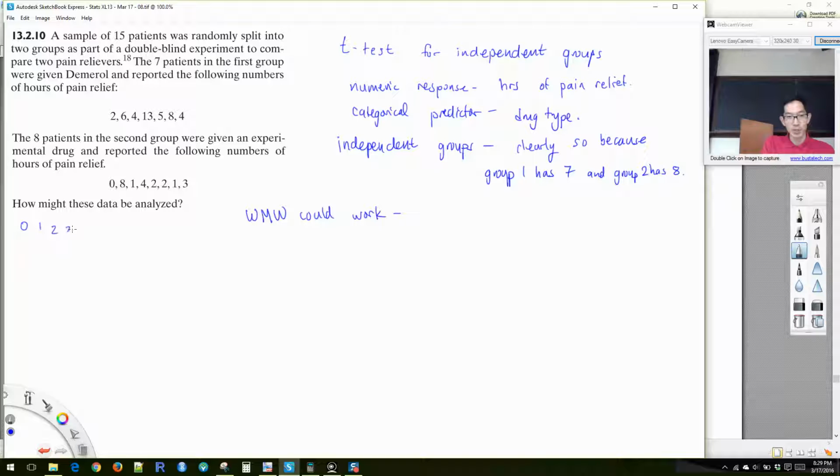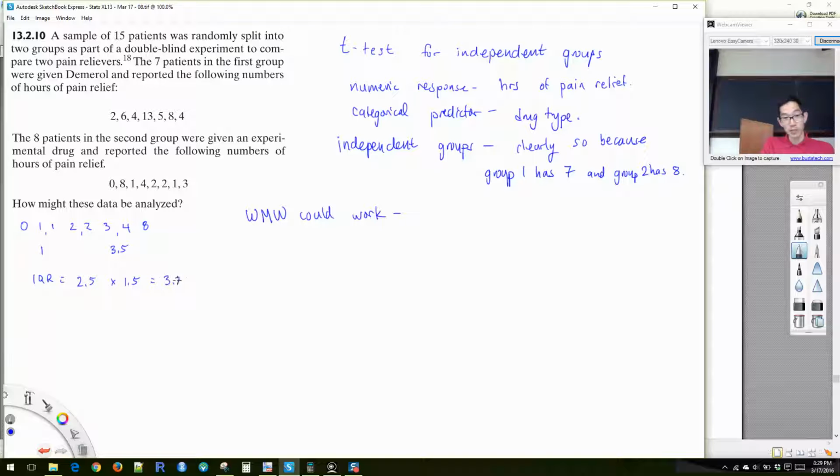The data are 0, 1, 1, 2, 2, 3, 4, and 8. So we would have Q1 of 1, Q3 of 3.5, and an IQR of 2.5. 2.5 times 1.5 would be 3.75.